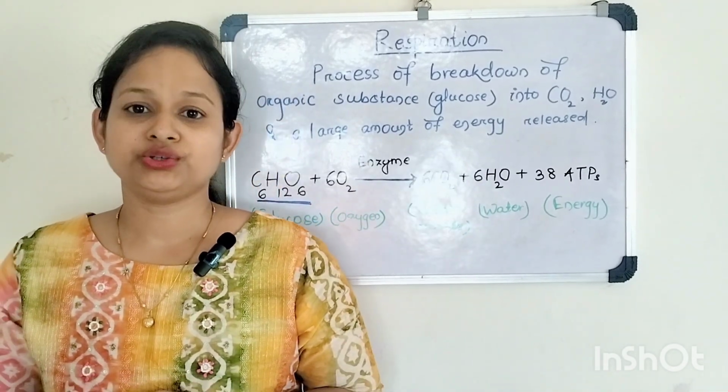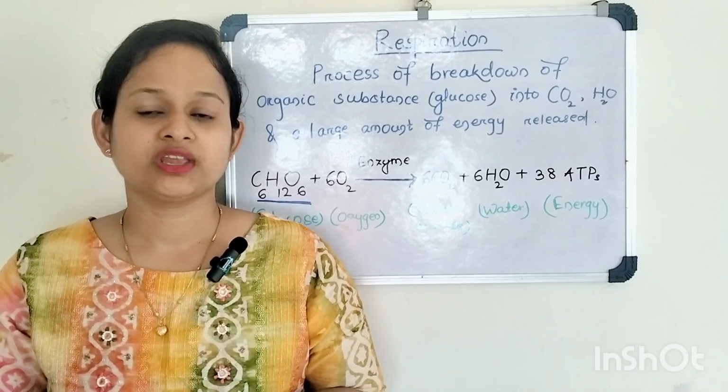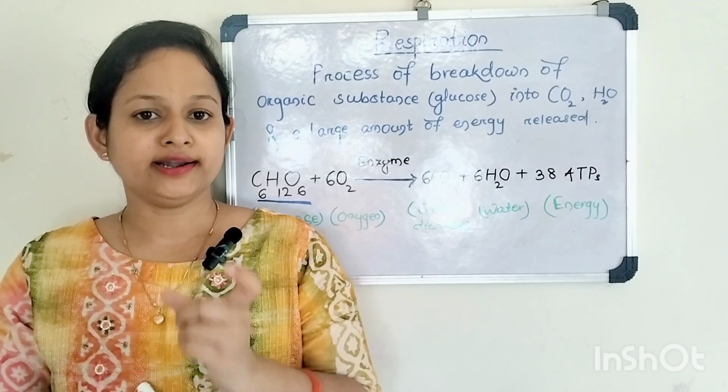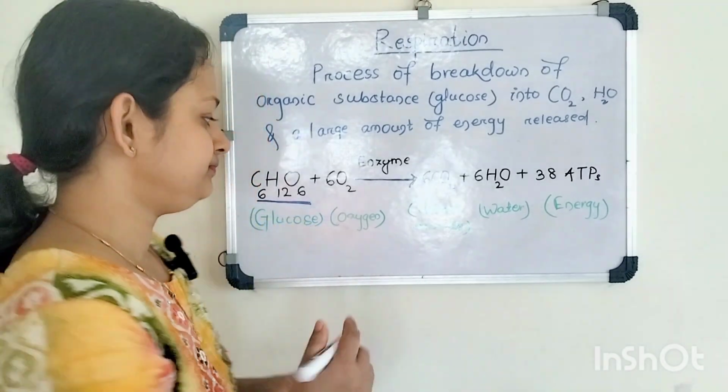So here I want to tell something about ATP. What is ATP? ATP is a type of chemical energy, and the full form of ATP is adenosine triphosphate.